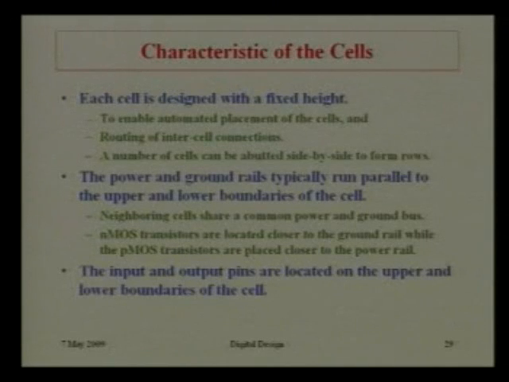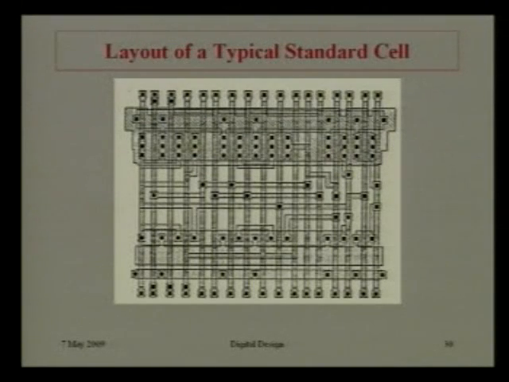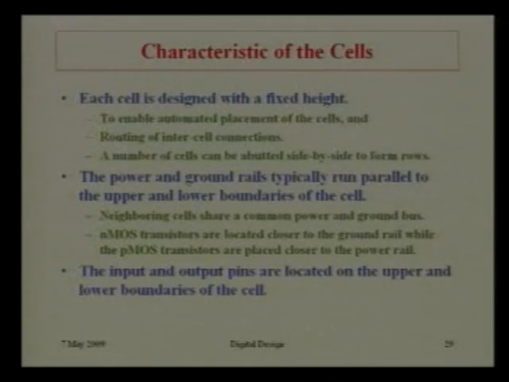The power and ground rails typically run parallel to the upper and lower boundaries of the cell. See, these run parallel, that is the power and ground. Neighboring cells share a common power and ground bus, and NMOS transistors are located closer to the ground rail while the PMOS transistors are placed closer to the power rail.